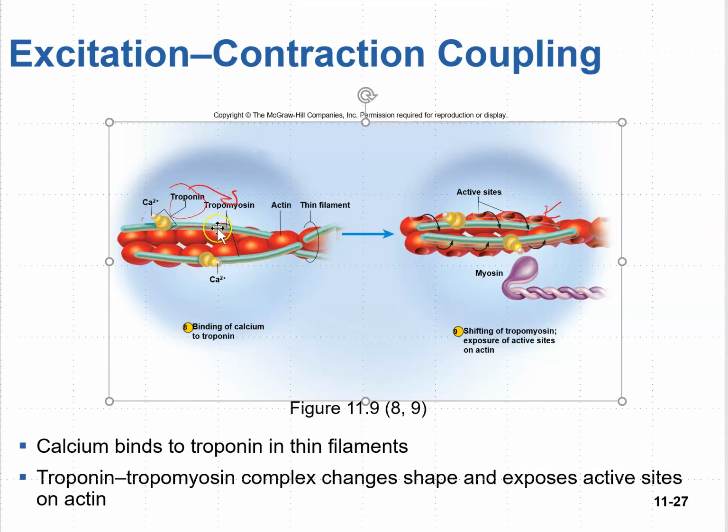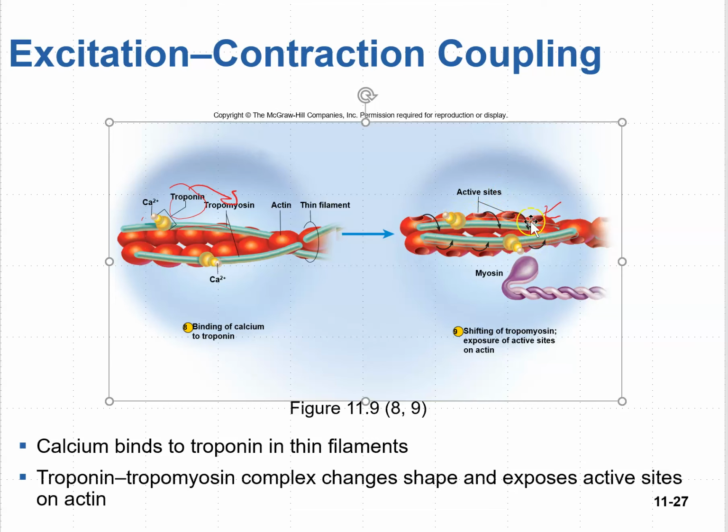This causes troponin to pull on the tropomyosin molecule, which causes the troponin-tropomyosin complex to release the active sites on the actin molecule. Now, the myosin head then binds to the exposed actin molecule and forms a cross bridge.